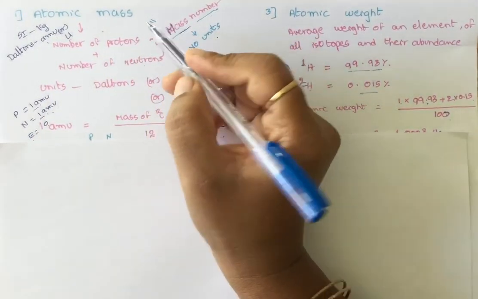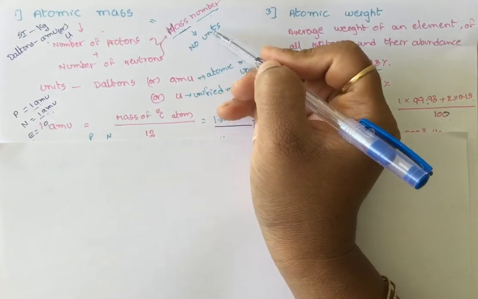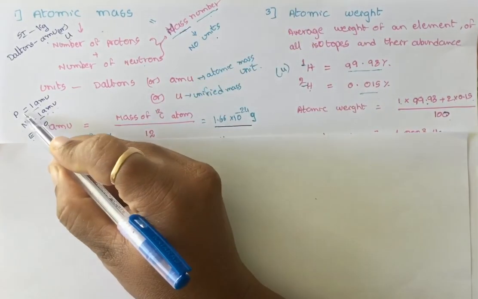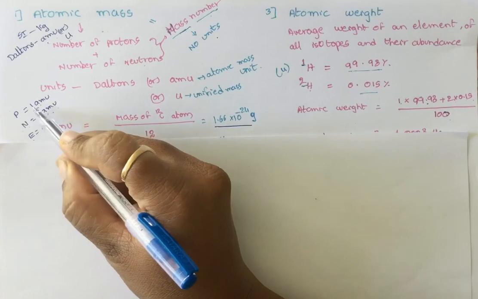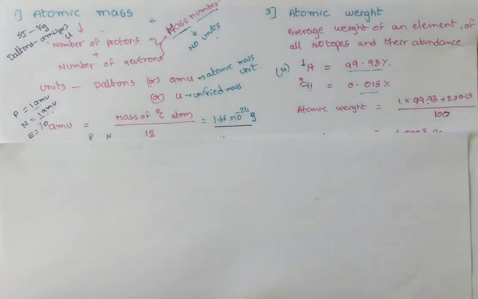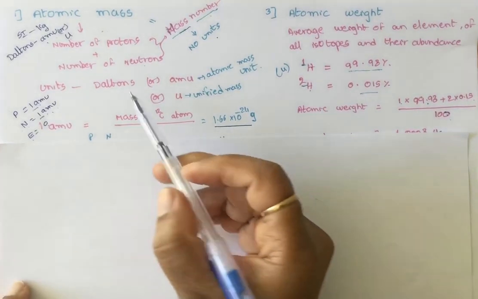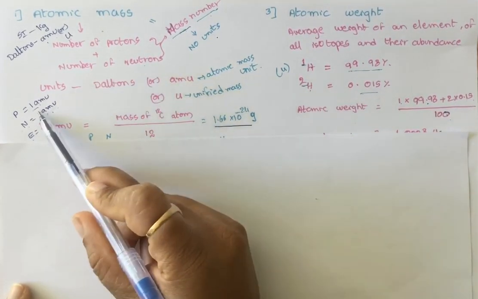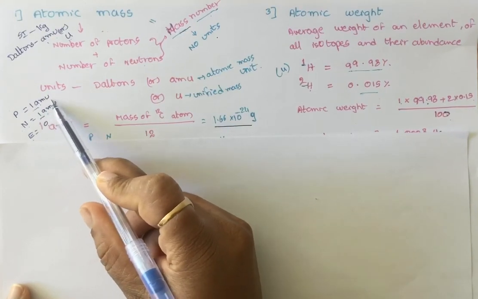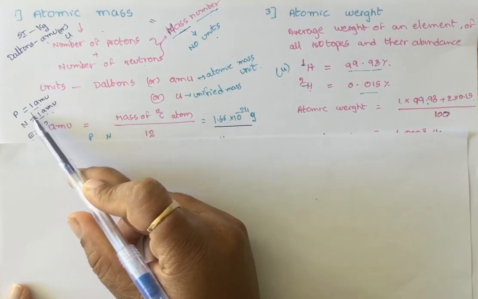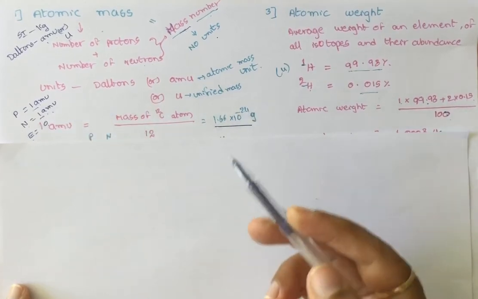Here, why am I saying atomic mass is almost equal to mass number? Because proton and neutron both have 1 atomic mass unit value. So the mass of a proton and the mass of a neutron are each equal to 1. That's why, if you count the number of protons and neutrons, you just take the same number in terms of atomic mass units.